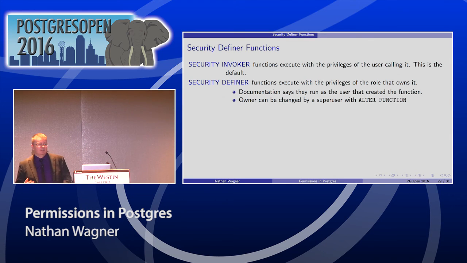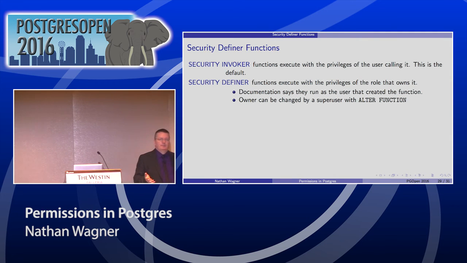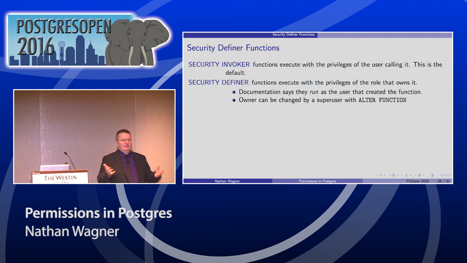Security definer functions execute with whatever privileges of the user that owns it. So if our DBA Alice creates a function, let's say that we have a table with our developers and their phone number, contact information, along with a bunch of other stuff.